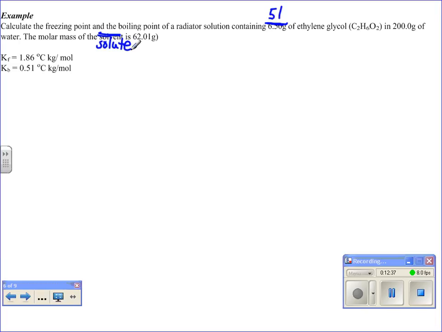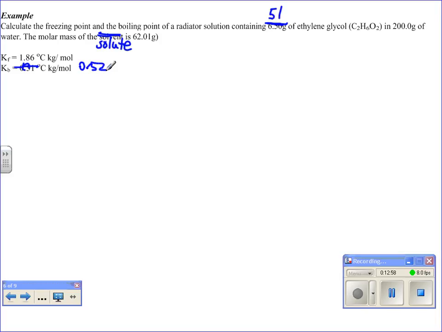It gives us the molar mass, and it reminds us of the constants, which we can get from the tables. These are the freezing point and boiling point constants for water. It's 1.86 for the freezing point constant and 0.52 for the boiling point constant.